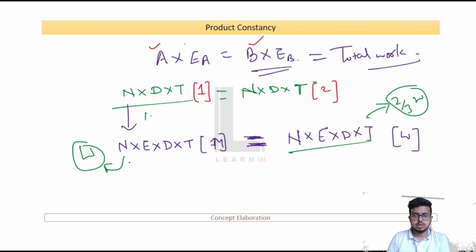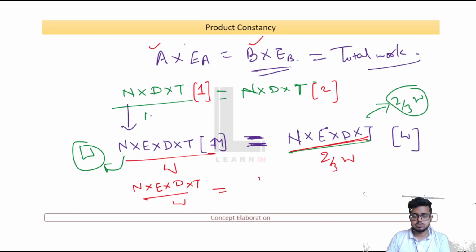We would just divide this total by W, and this total by 2 by 3 W. So we can find the final formula as N into E into D into T upon W is equal to number of women, that is what I am taking here, into efficiency of women into D into T upon 2 by 3 W.